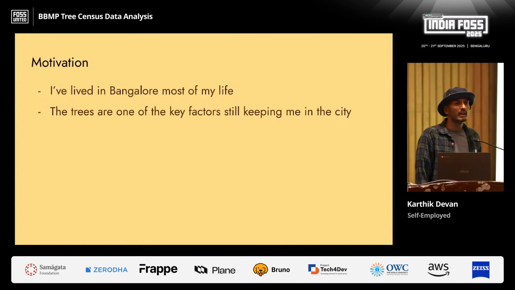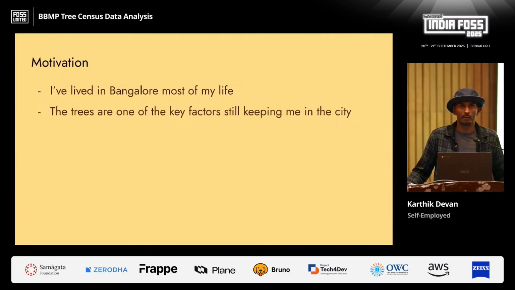So the trees are a very unique thing from wherever I've traveled. Bangalore trees are unique in the way that, in terms of gross area, Bangalore has much less tree cover than other cities like Delhi or even Kuala Lumpur for that matter. But what makes Bangalore's trees different is that they are so mixed up with the residential areas.